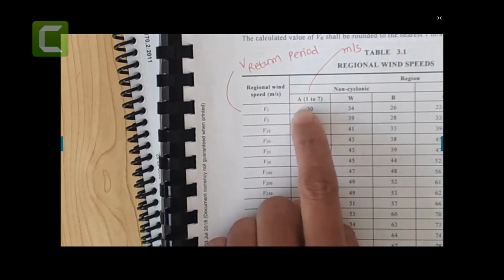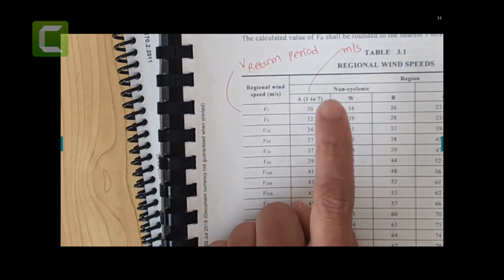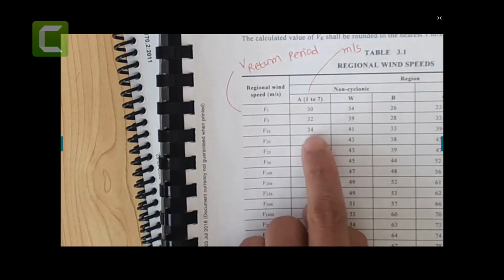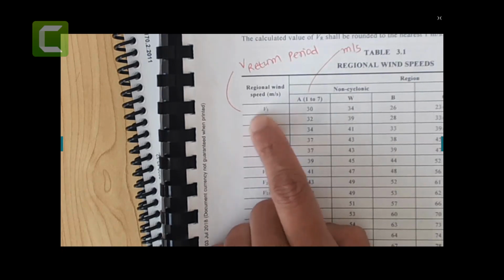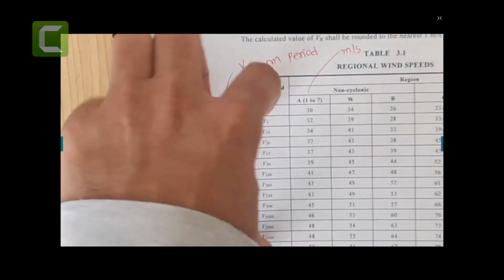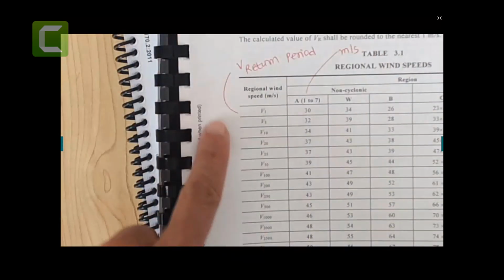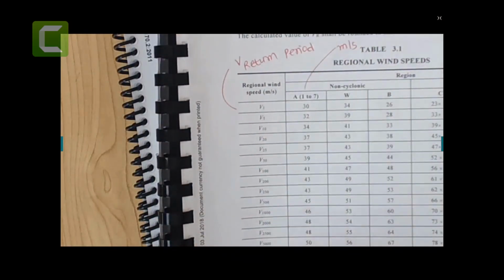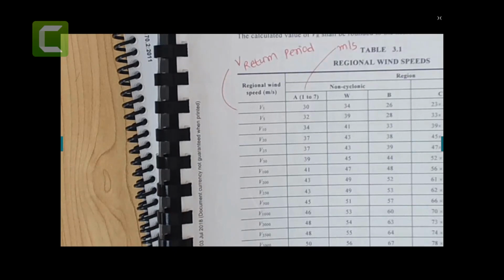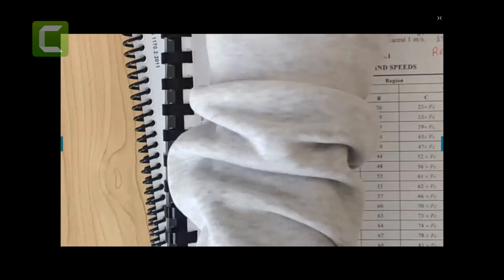For 5 years, 32 meters per second comes once in every 5 years. 34 meters per second comes once in every 10 years, and so on. I hope you understand the physical meaning of this data. That's the story about R.